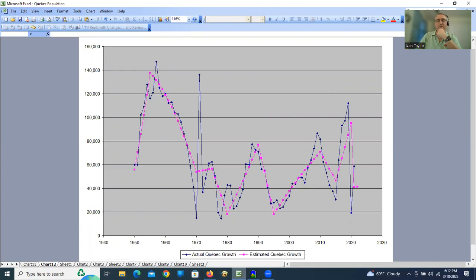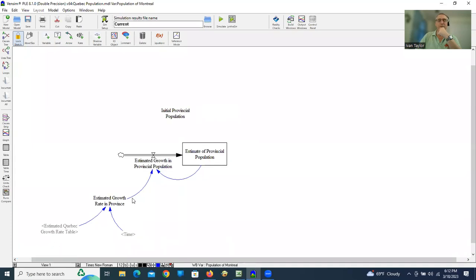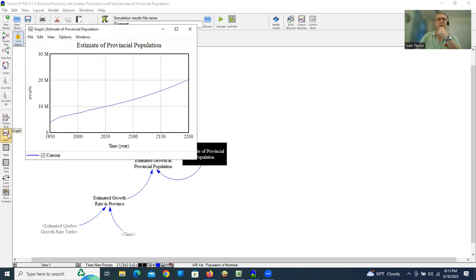So I have built this in Vensim as well. So if I go here, there's the model for the provincial population. And if I look at the provincial population, I can see that the growth rate in the provincial population is shown here over the next 100 years or 200 years.